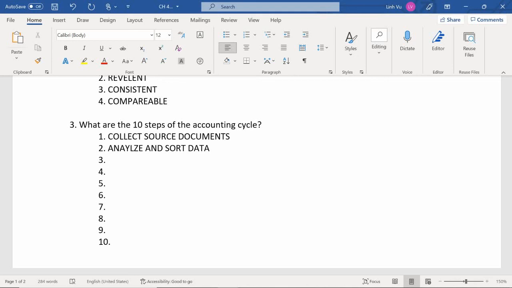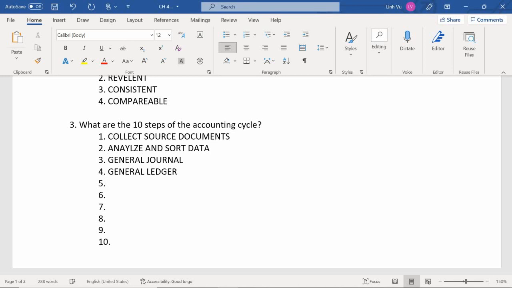Record. Record where? Record transactions. Where? General journal. In the general journal, okay? Because you have to record the transaction in the general journal, but you also have to record it where on step 4? Ledger. You have to post it to the general ledger, okay?